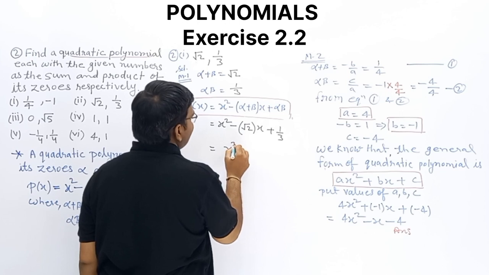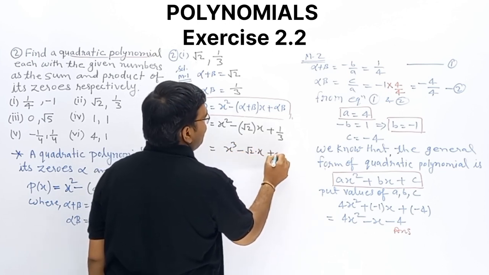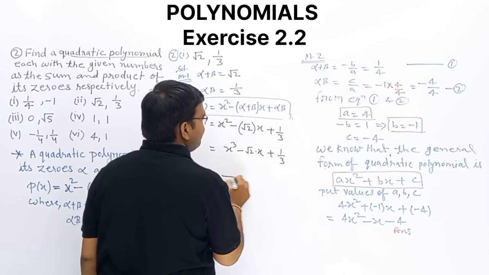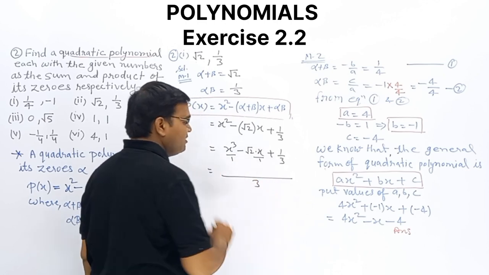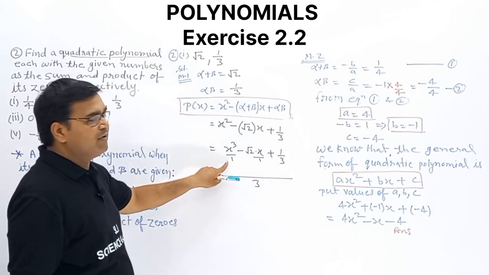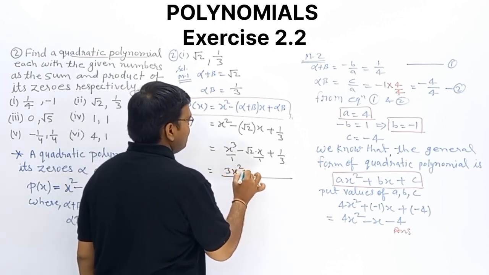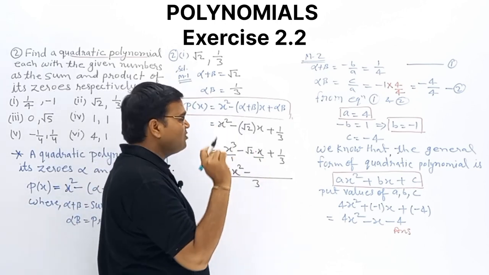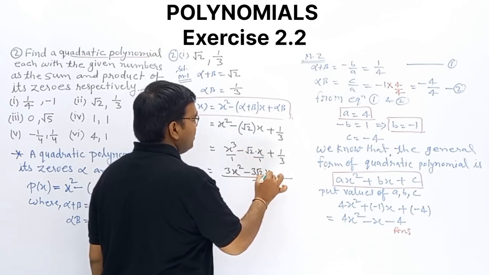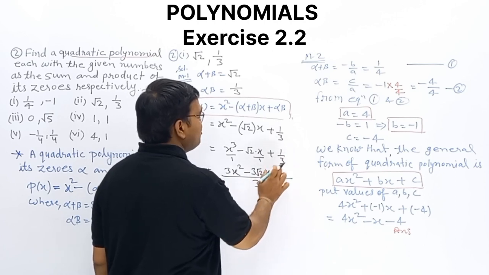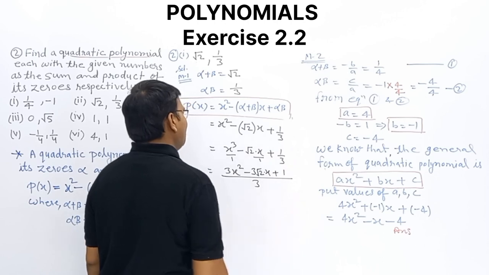Solve this one. X square minus root 2 into x plus 1 by 3. Take LCM. It is having denominator 1, it is also having denominator 1. LCM will be 3. 3 divided by 1, 3 times it is going, multiply by numerator: 3x square minus 3 divided by 1, 3 times it is going, multiply this one: 3 root 2 into x, and 1 divided by 1, 1 time, multiply by numerator 1.